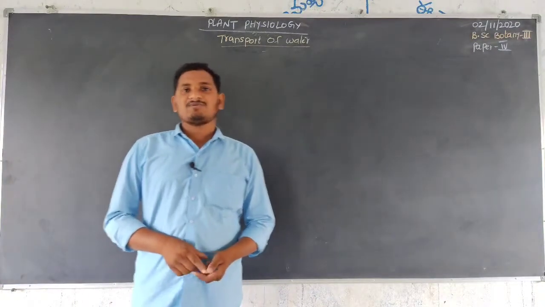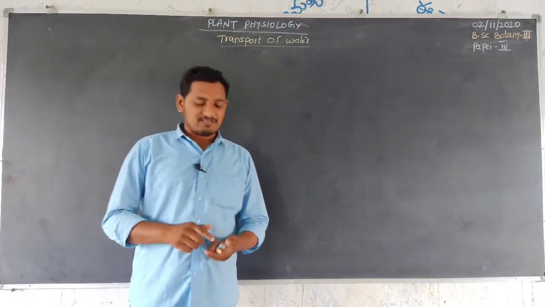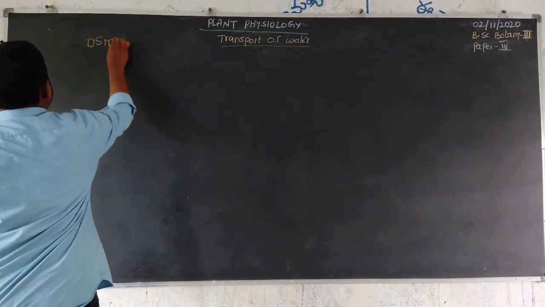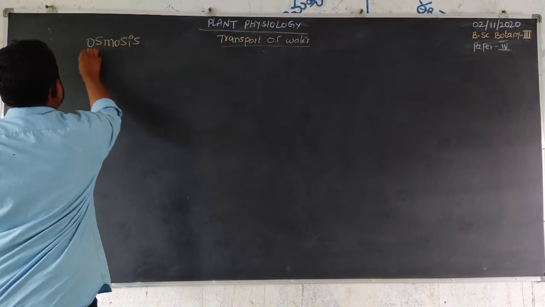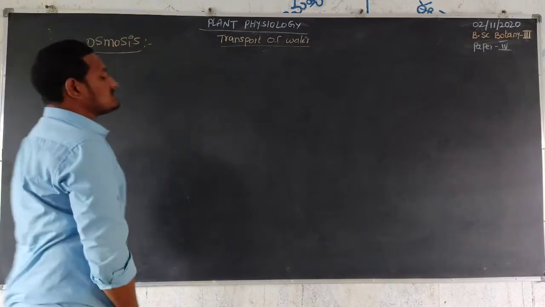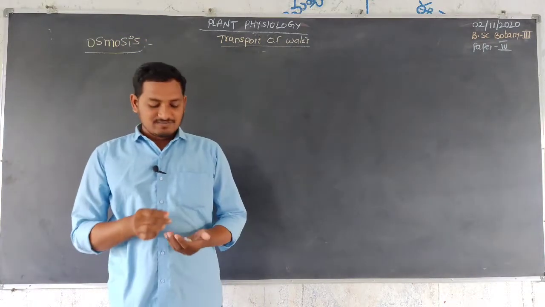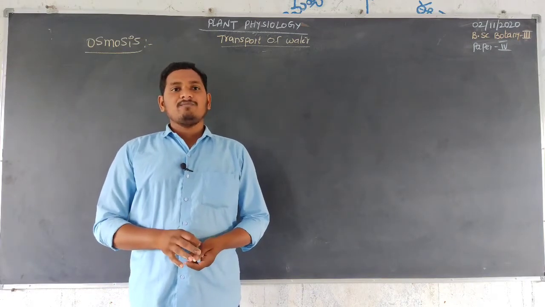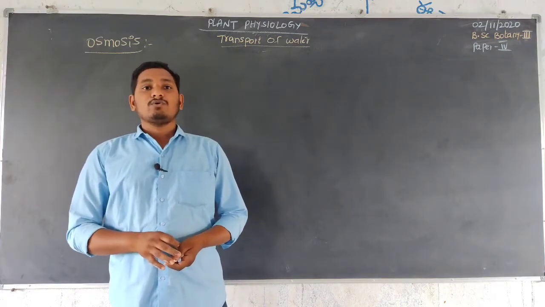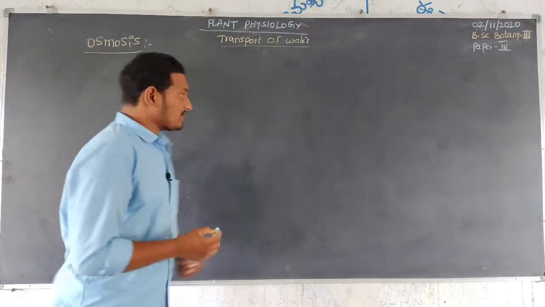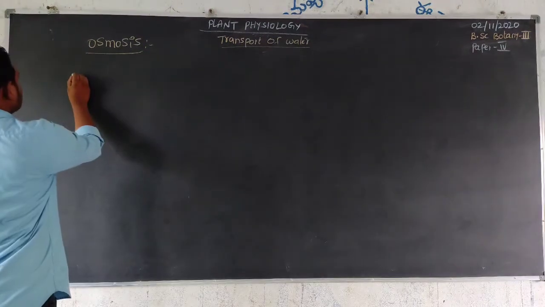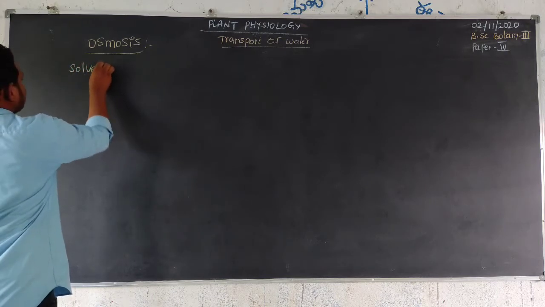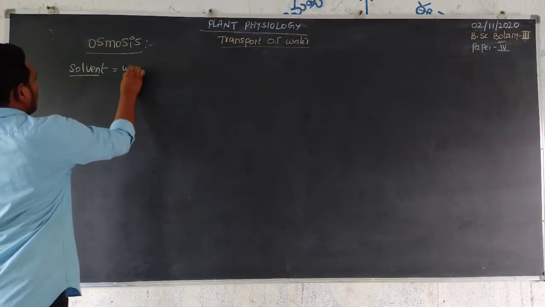Next concept in transport of water in the unit of plant physiology, that is osmosis. Osmosis is a process by which movement of the solvent particles from higher concentration to lower concentration. In terms of solvent, nothing but water.